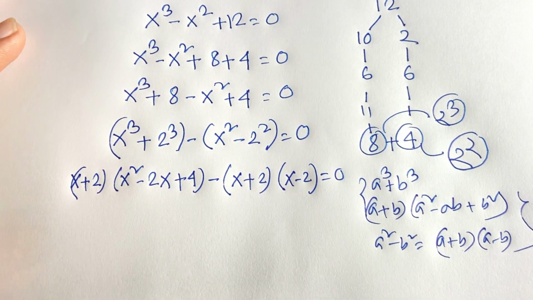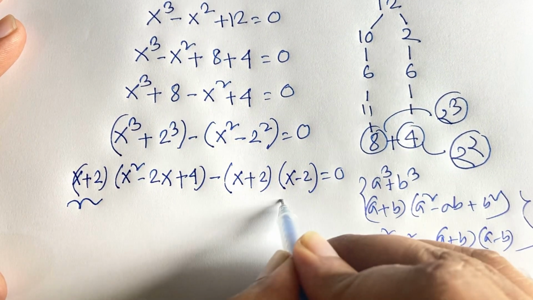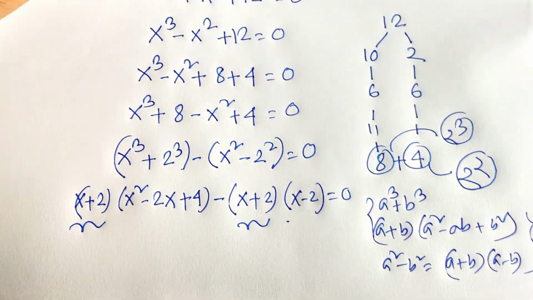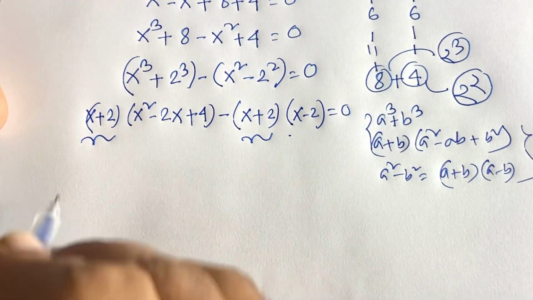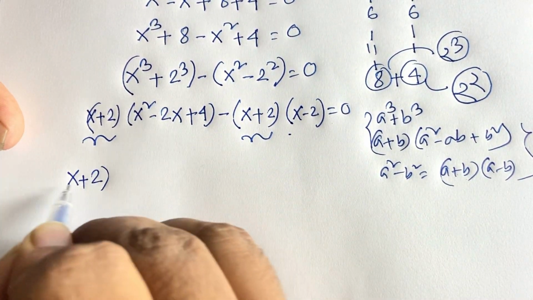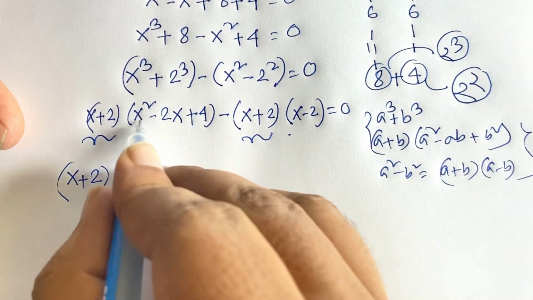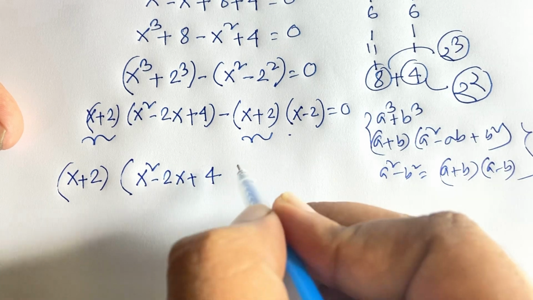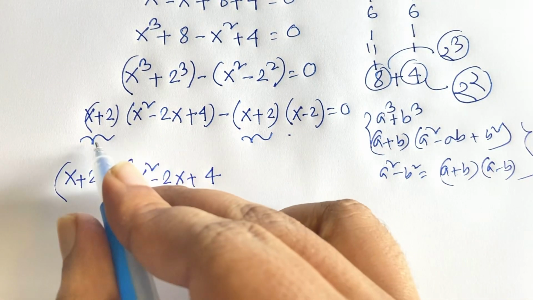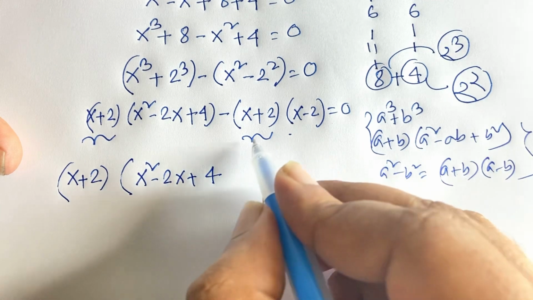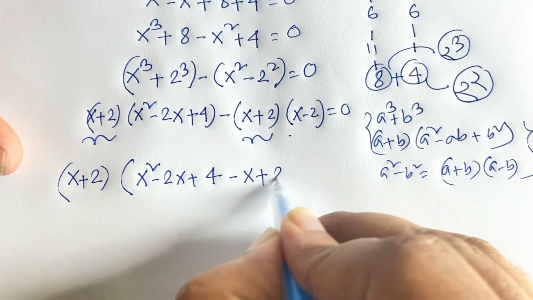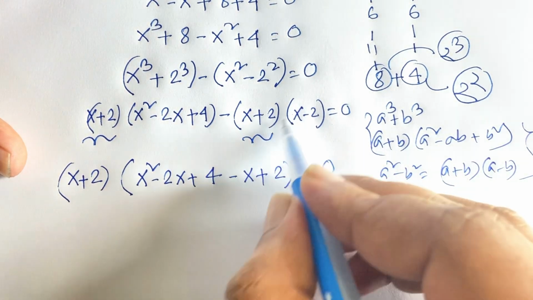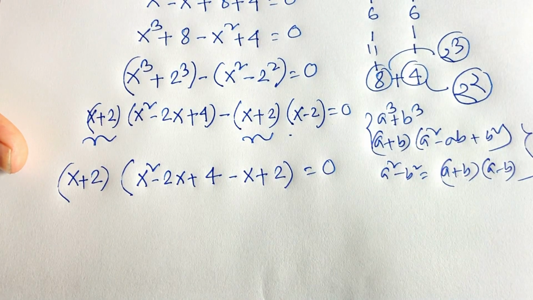Yes, so look, here is this value and this value, this value is the same. So x plus 2 is common, so I take x plus 2 common. This divided by this, it will be x squared minus 2x plus 4, and this divided by this, it will be minus x minus 2, so minus minus it will be plus 2.